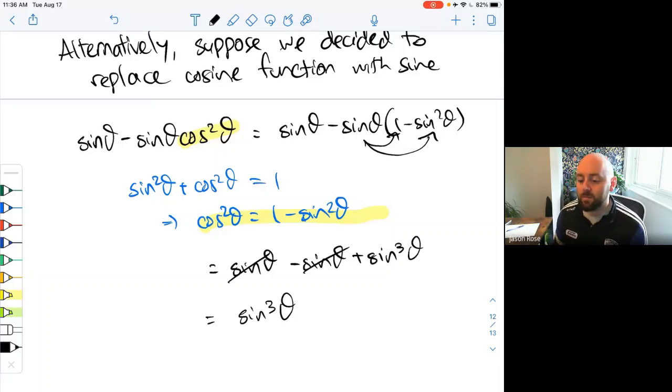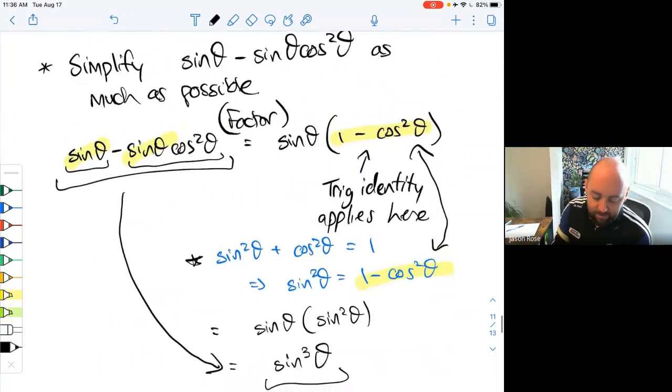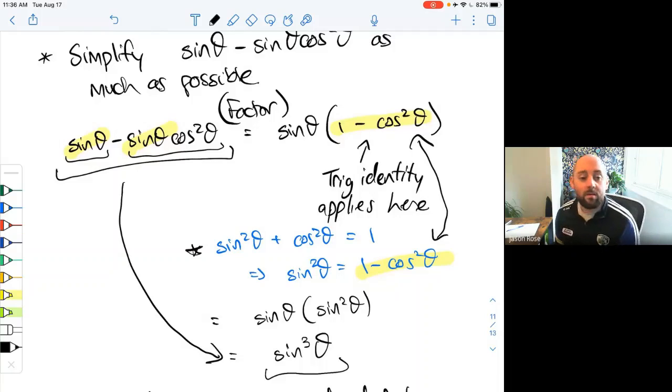But the same thing kind of pops out after you go through the work. Something cancels in the end. Lewis looked at it and thought, I see two terms in there, and both of them have a factor of sine theta. So I can factor out the sine theta. And once you factor it out, you realize that what's left, a trig function also applies here. And you can replace it that way. And you end up with the same thing anyway.